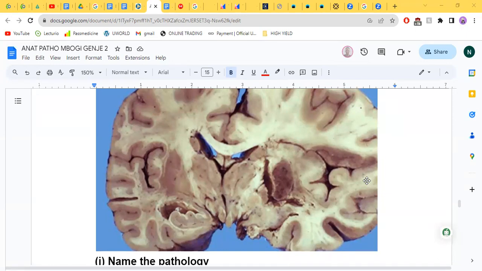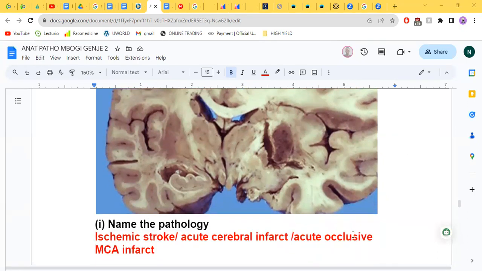Any more tries? Yeah, so a cerebral infarct. Awesome. So that's an ischemic stroke or an acute occlusive middle cerebral artery infarct.